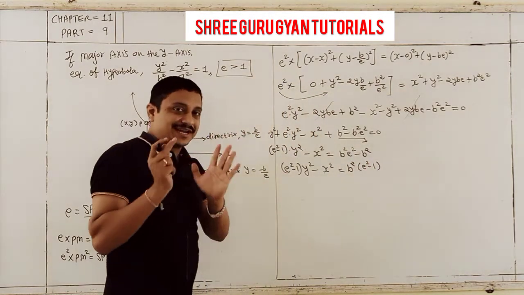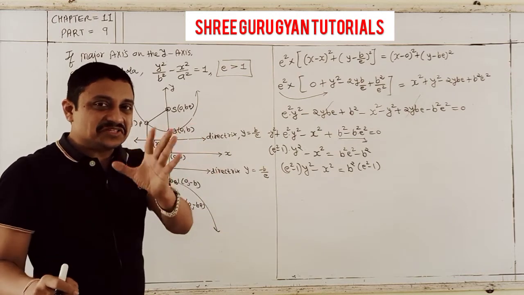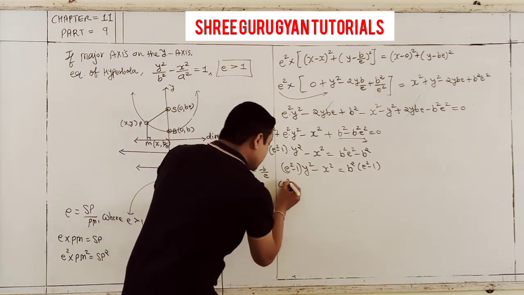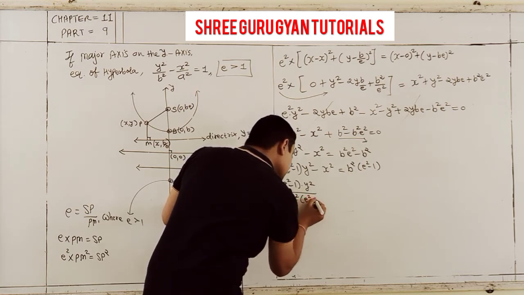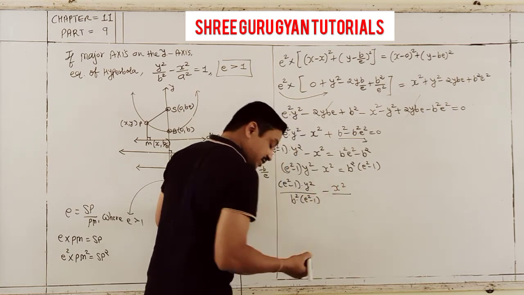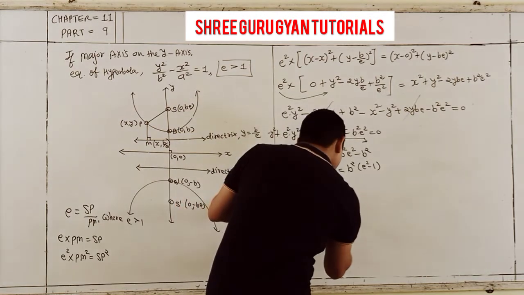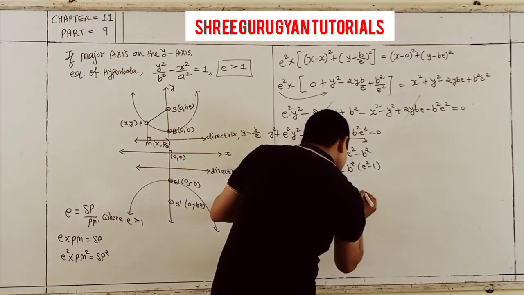Now divide each part by b square times e square minus 1. So e square minus 1 times y square, below b square e square minus 1; the same in the second place, and is equal to 1.